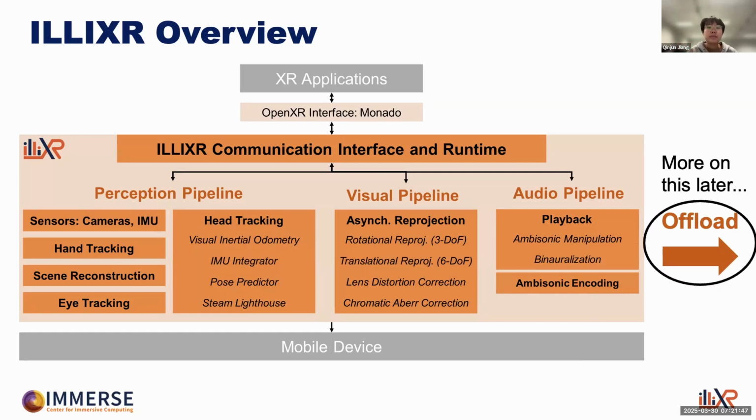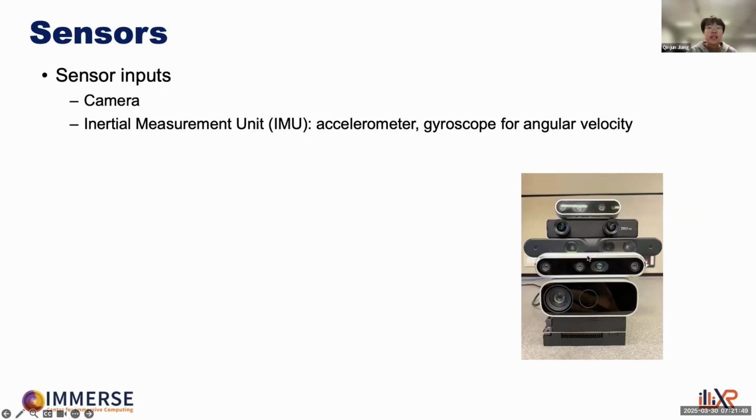All right, so let's start with the perception pipeline. The very first thing in the perception pipeline is the sensors. The sensors are actually the access of the system to the physical world. Specifically, we use cameras and inertial measurement units, or IMUs, in ILLIXR.